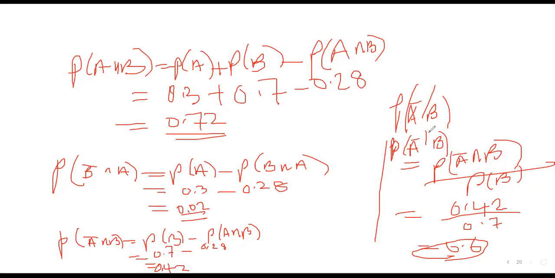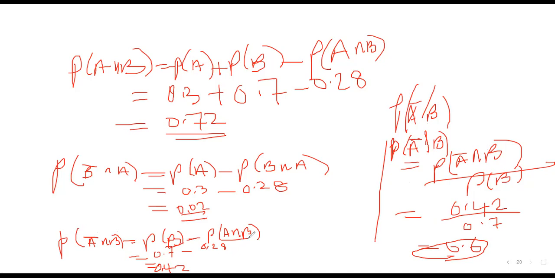So this is A complement given B. So we say probability of A complement intersection B over probability of B. A complement intersection B is equal to probability of B minus the probability of A intersection B. So that's how you find it.